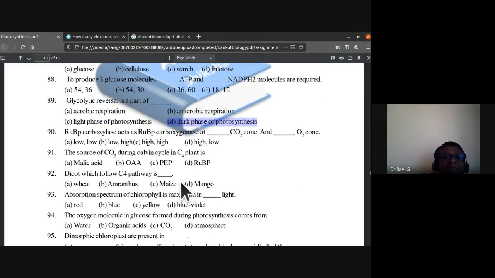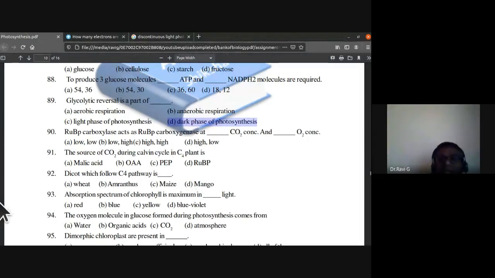So the 90th one, ribulose bisphosphate carboxylase, they act as RuBP carboxylase at dash carbon dioxide concentration, and RuBP oxygenase at what concentration? At high carbon dioxide concentration and low oxygen concentration.